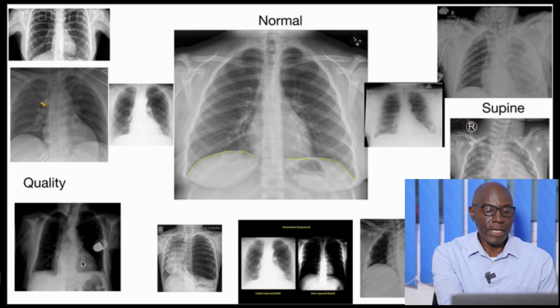When the KV is quite high, it burns out the lungs and you're not able to see anything. However, we also want to say that a fully visualized vertebral column may mean that the KV is low.